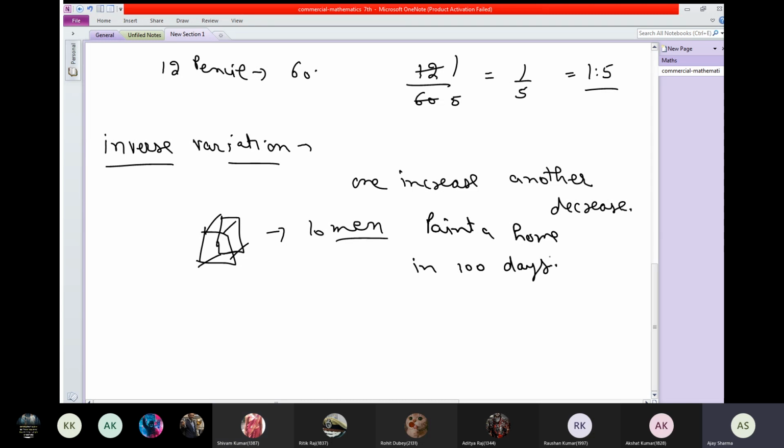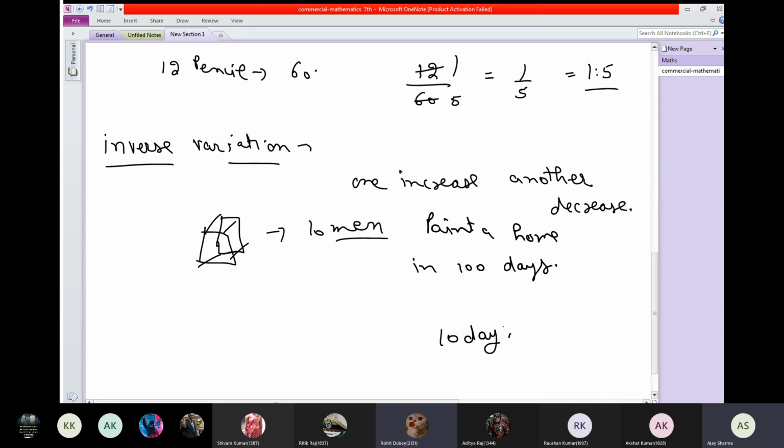In 100 days, 10 men can paint a house. Now, I want to paint this house in 10 days. Then what I have to do?